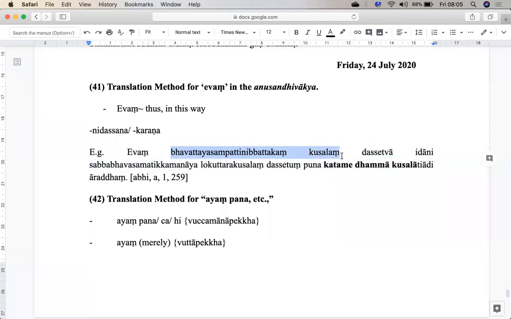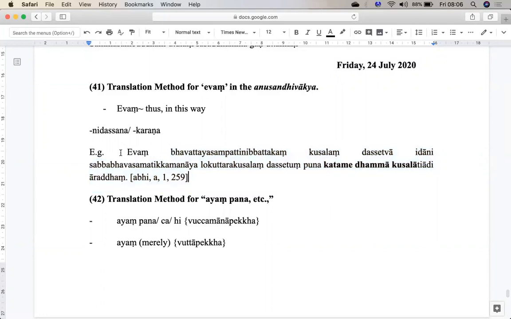Bhavodaya means the threefold world: kāma, rūpa, and arūpa. Sampādinebakan kusalaṃ is the kusala which makes the accomplishment of the threefold worlds, that is kāma kusala, rūpa kusala, arūpa kusala. That is the mundane kusala already shown, but now the Buddha wants to show lokuttara kusala, so he repeats again kataman dhammā kusalā.